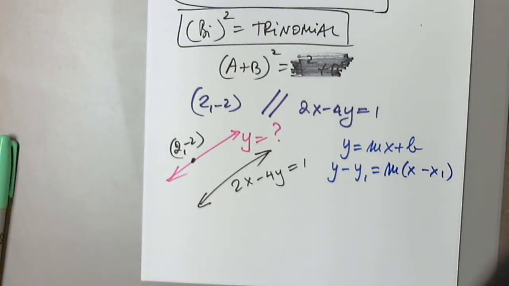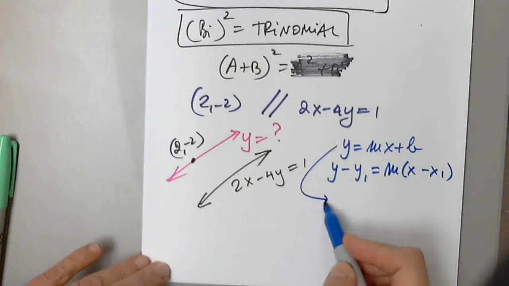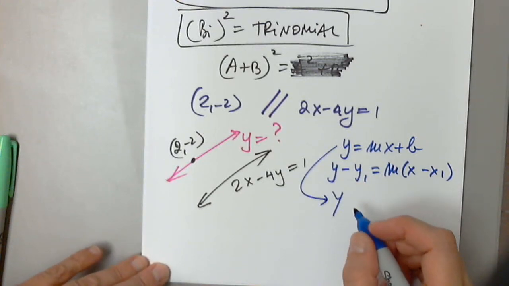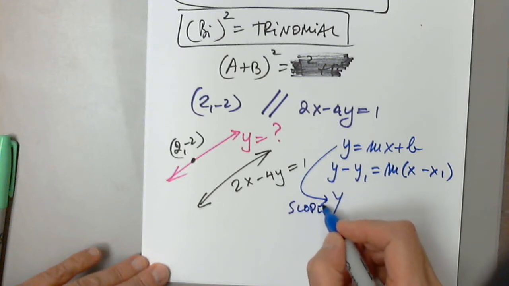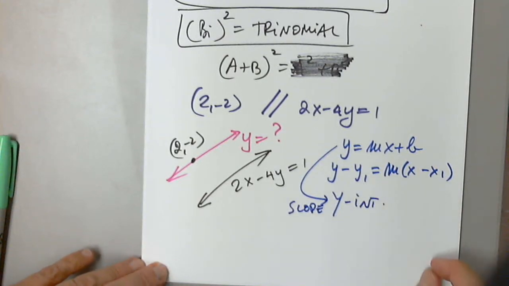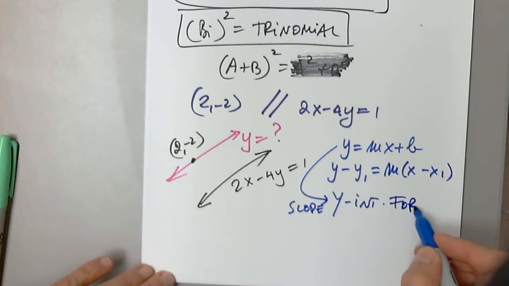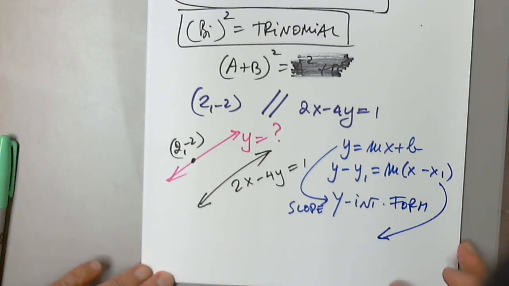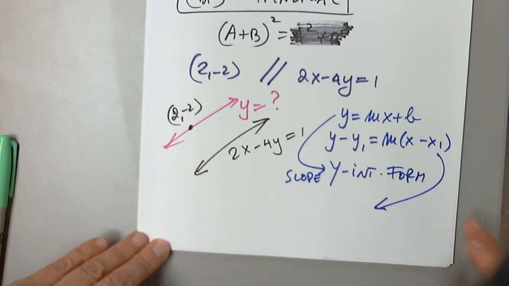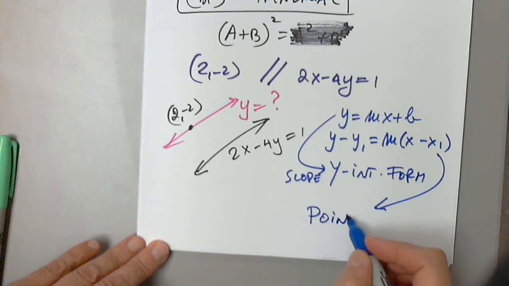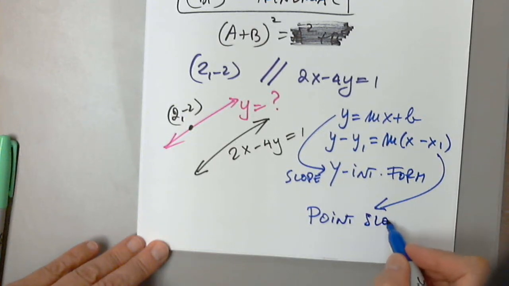So the first one is called slope-intercept form, and the second one is called point-slope form.